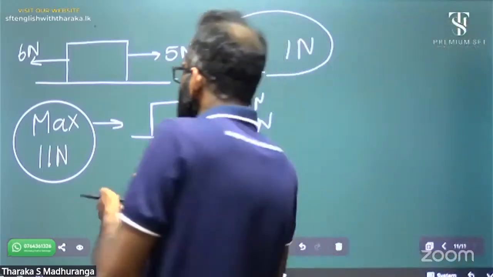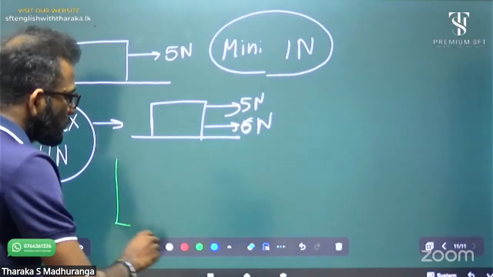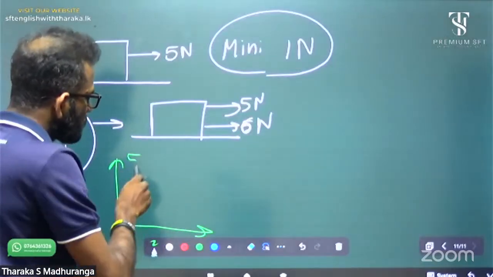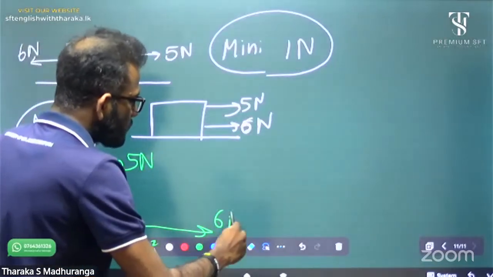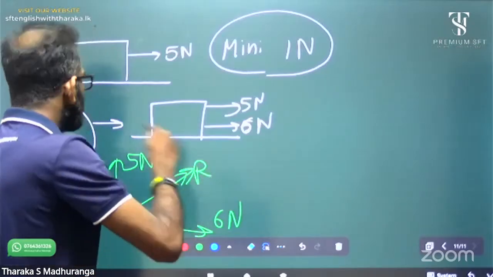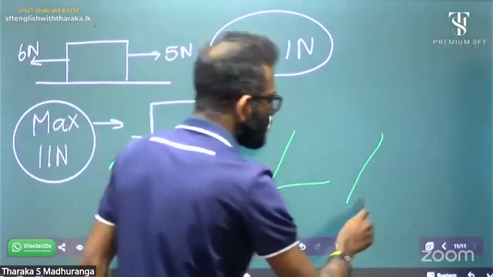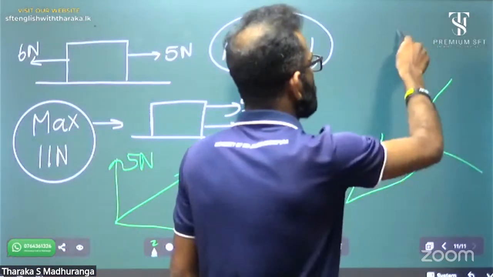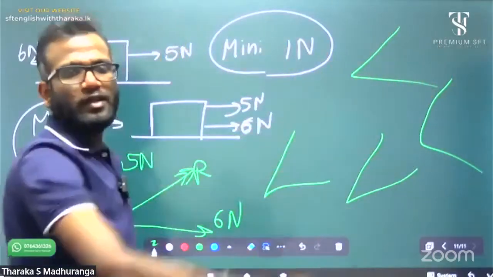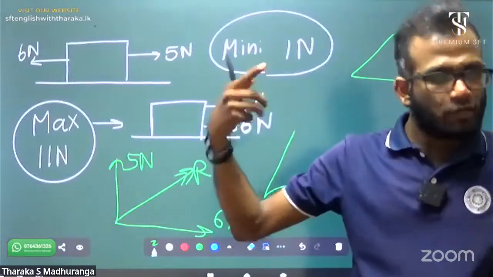If we take these 5 Newton and 6 Newton acting along perpendicular directions, its resultant force is between 11 and 1. If you got 60 degree, 30 degree, 45 degree, different angles, 180 degree means opposite direction, 120 degree.